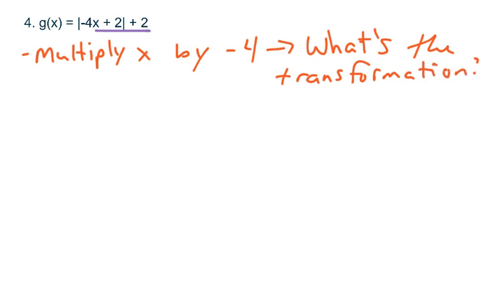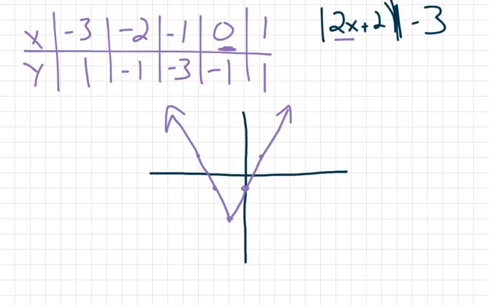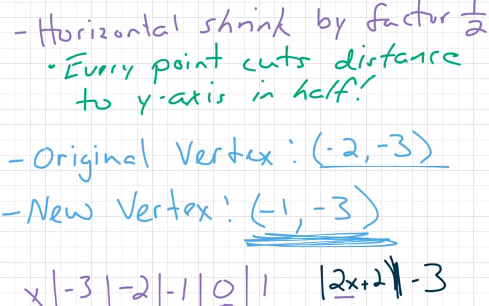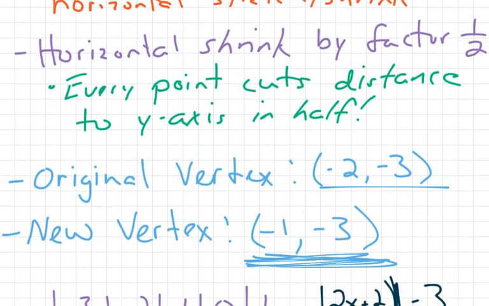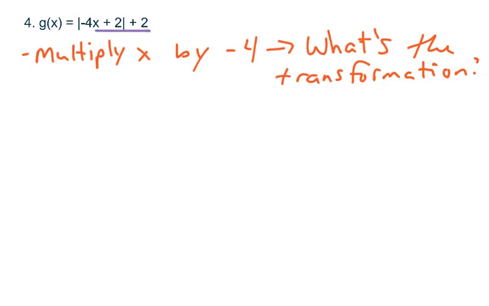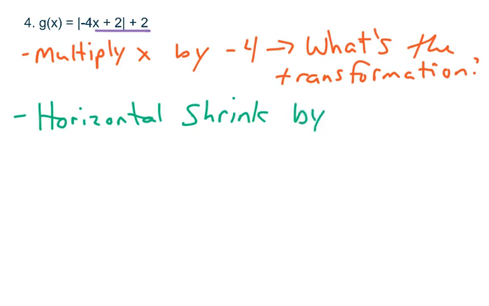Well, in the last one, we multiplied x by 2, and that was a horizontal shrink by a factor of 1/2. Here, the 4 tells us it's a horizontal shrink again, because the factor is the reciprocal of what we're multiplying x by, and that would be 1/4. So that takes care of the 4.